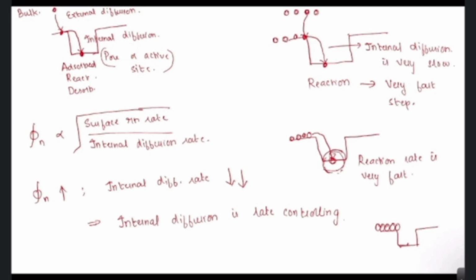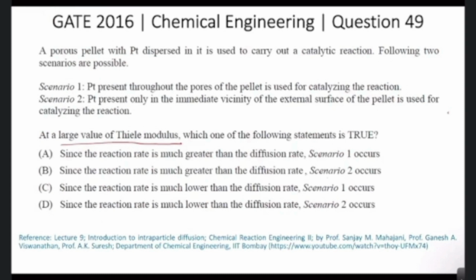So this is equivalent to your scenario 2, where the platinum is present only in the immediate vicinity. This immediate vicinity is the catalyst surface just outside the active site.